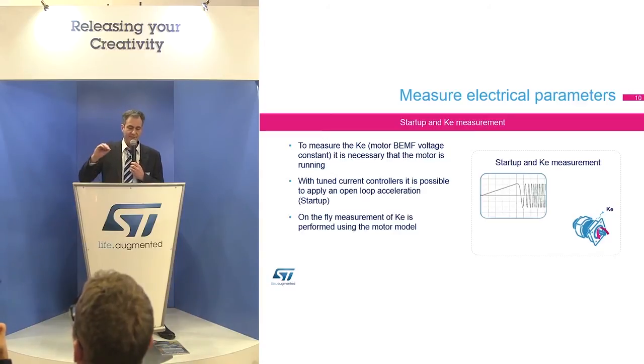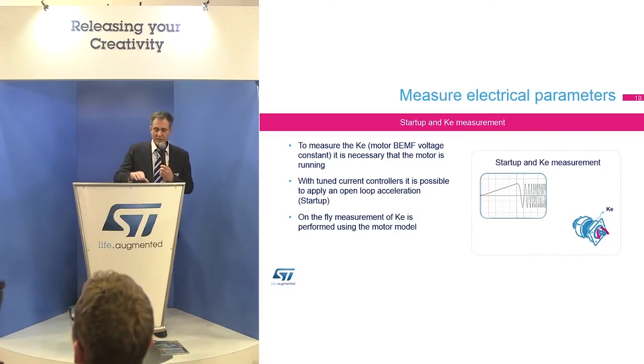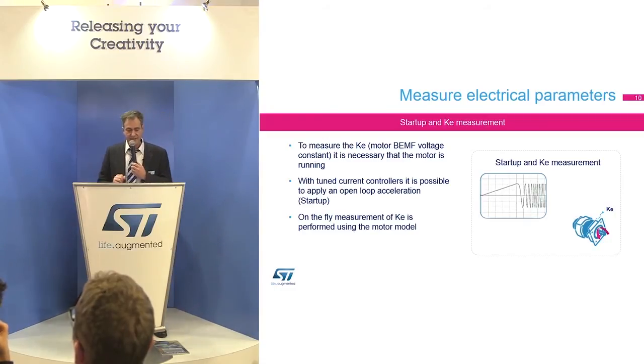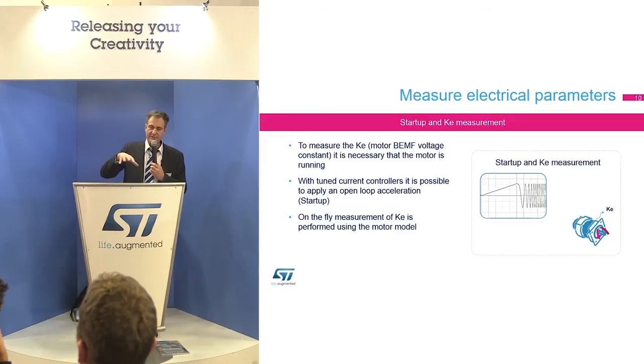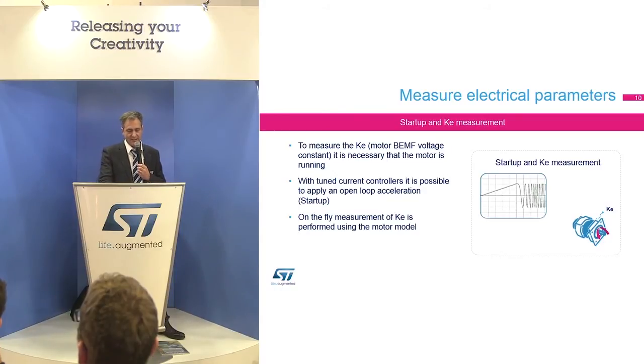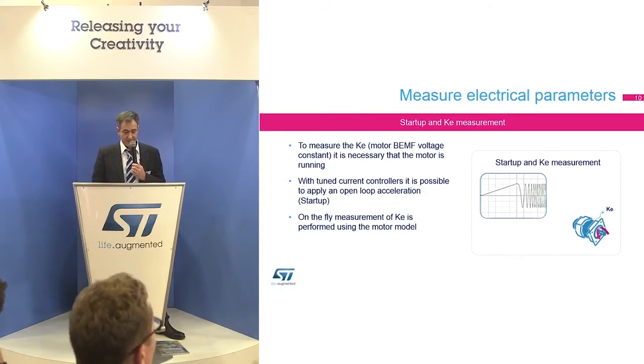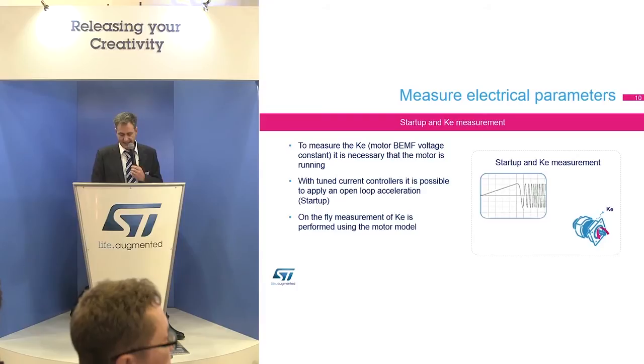We can estimate the voltage constant, the KE parameter, when the motor runs in open loop, using the model of the motor and knowing its resistance and inductance, because we have already measured them. So at the end of this step, we have measured the KE.